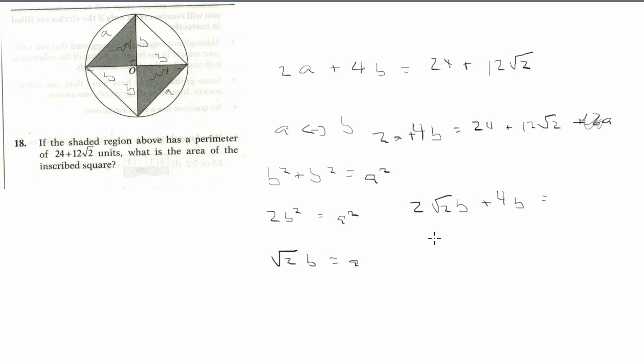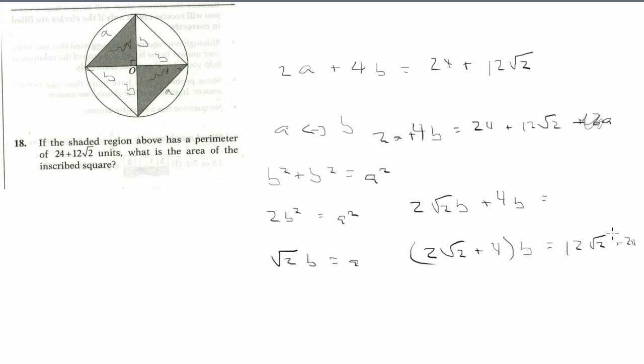Okay, so 2 square root of 2 plus 4 all times b equals 12 square root of 2 plus 24.